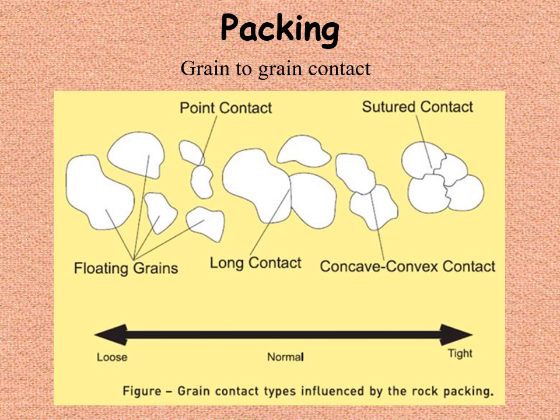This is known as sutured contact. Keep in mind that this sequence, from floating grains to point contact, line contact, concavo-convex contact and sutured contact, this increasing contact area between two successive grains occurs due to more and more overburden pressure. So as overburden pressure increases, contact area between two grains will increase.